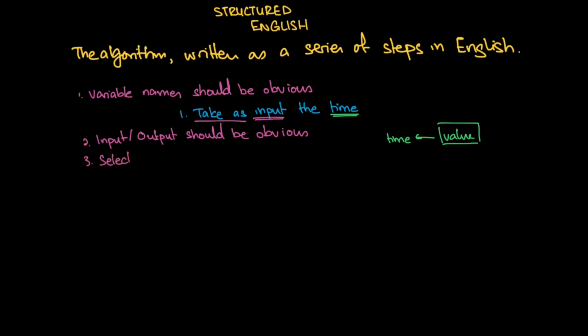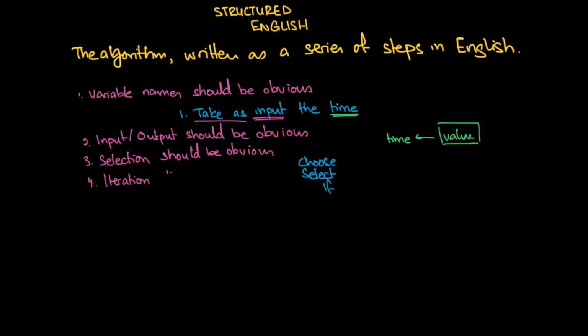So selection should be obvious, and we can do this by using words like choose. We can say choose, we can say select, we can even say if to check against a condition. And same thing goes for repetition.